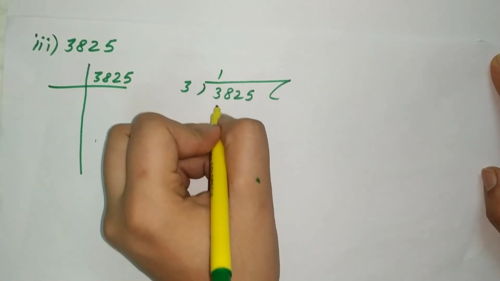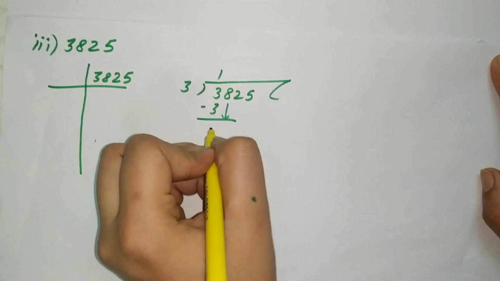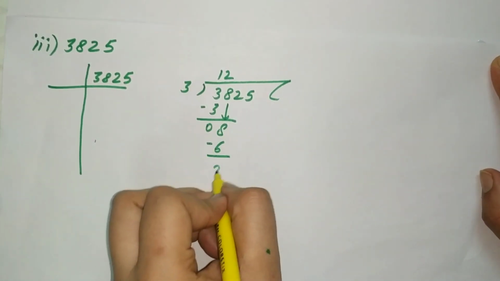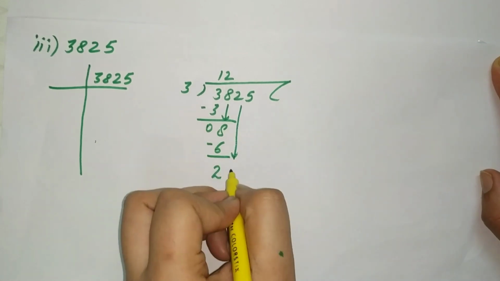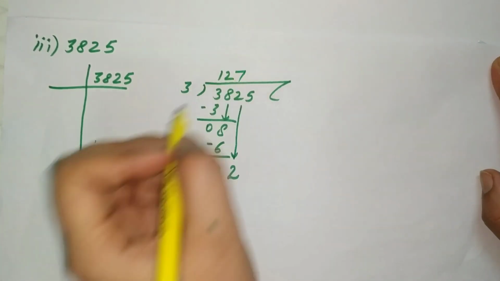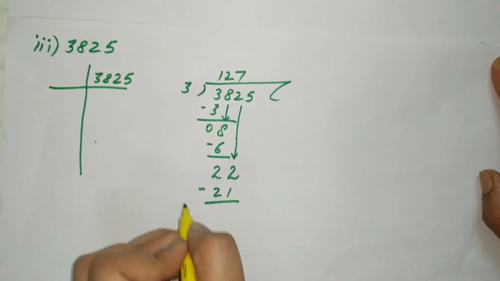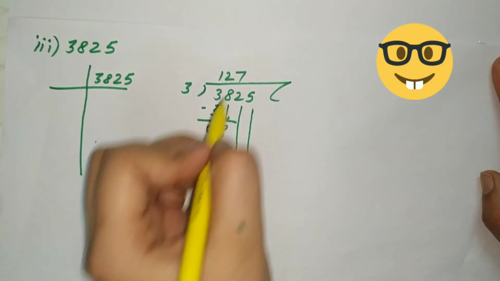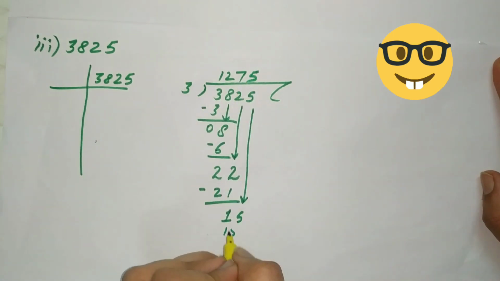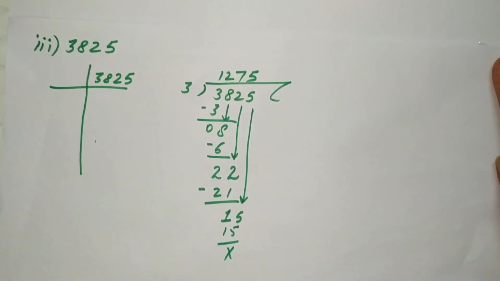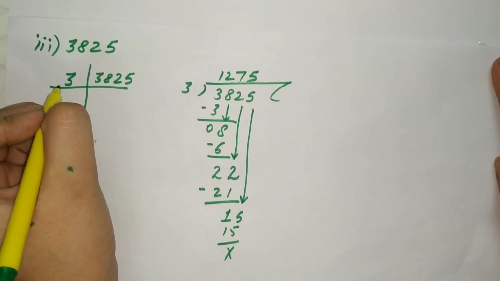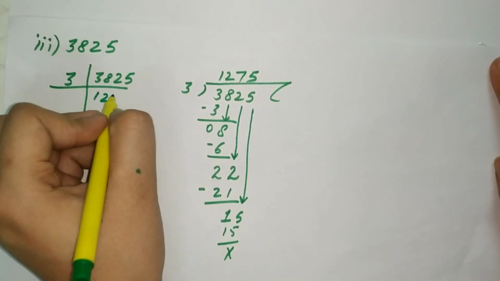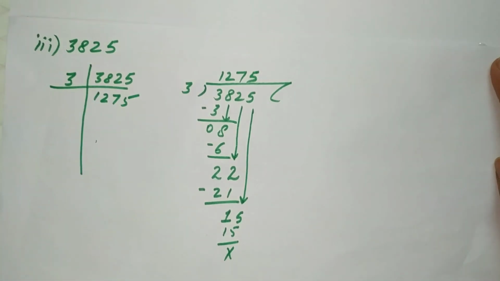Now 3 ones are 3, 3 twos are 6, 3 sevens are 21, and 3 fives are 15. Hence, 3825 divided by 3 is equal to 1275.